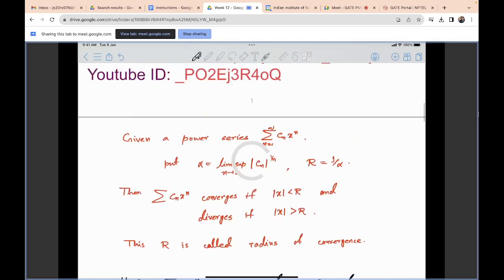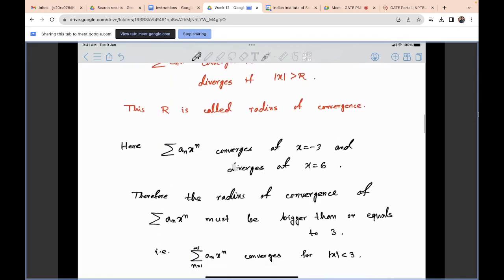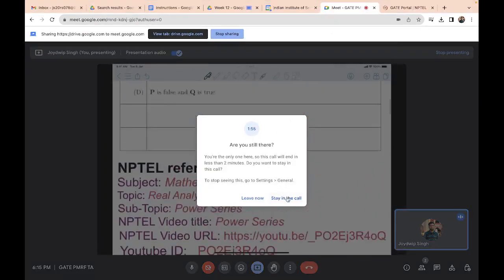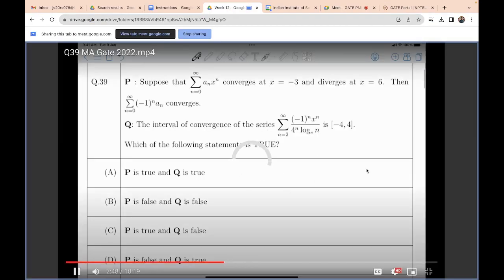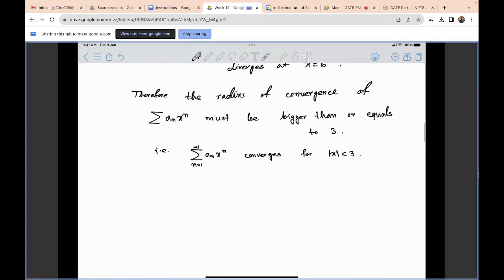Now what it is saying is that the series minus 1 to the power n will converge or not.